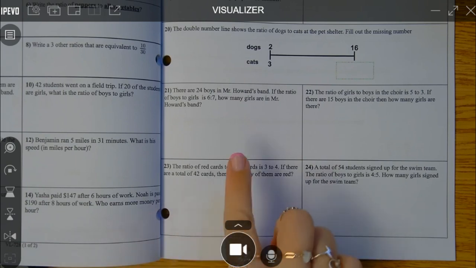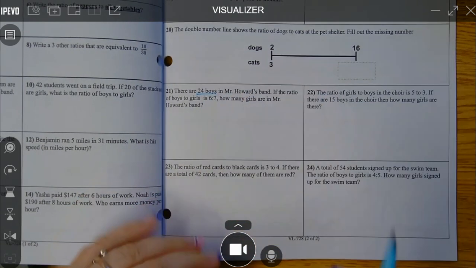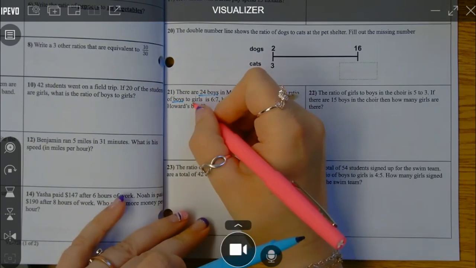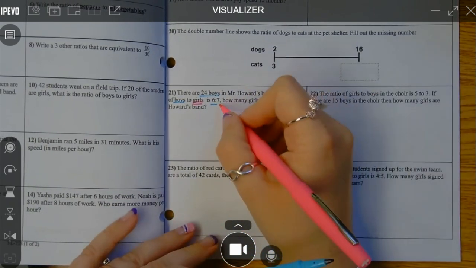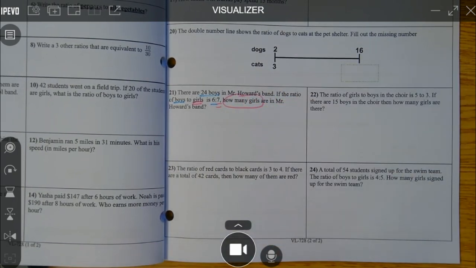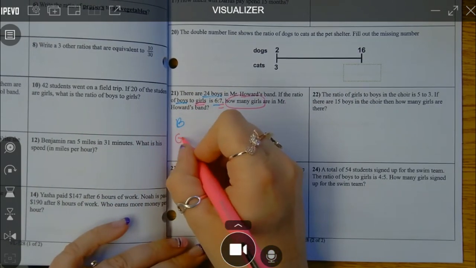For this first problem, 21, it says there are 24 boys in Mr. Howard's class. If the ratio of boys to girls is 6 to 7, how many girls are in his band? The two things we're talking about are boys and girls.